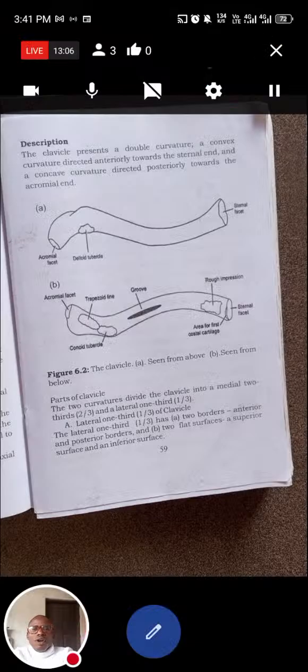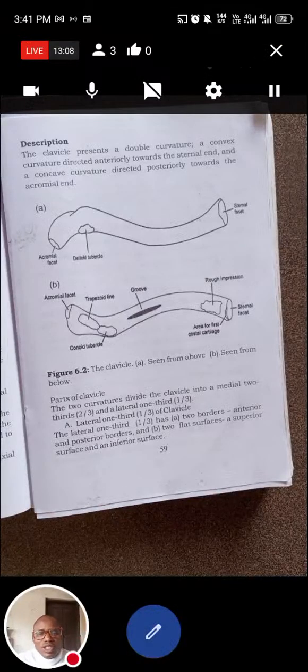We said it is in front, that is, it lacks posterior attachment. It is in front of the thorax, and it has an end called the sternal end. That end ends where? In the manubrium sternum. Our time is almost up with 4 minutes remaining.